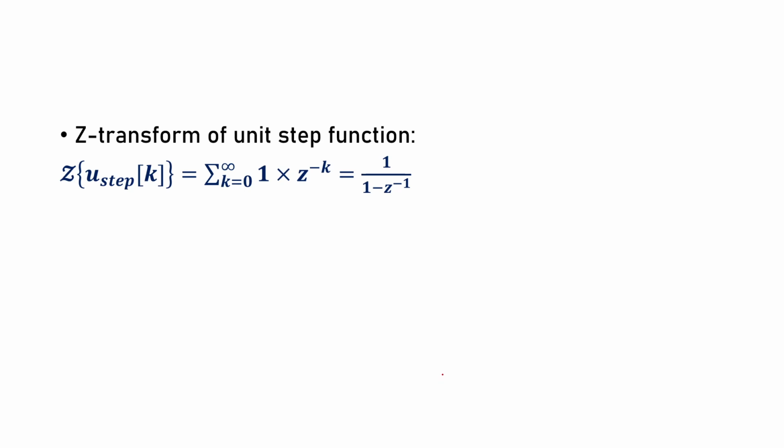How about the Z transform of the unit step function? You got the U step here. So unit step looks like this: you have index k, zero here, and then 1 here, 1 here, 1 here, like this.